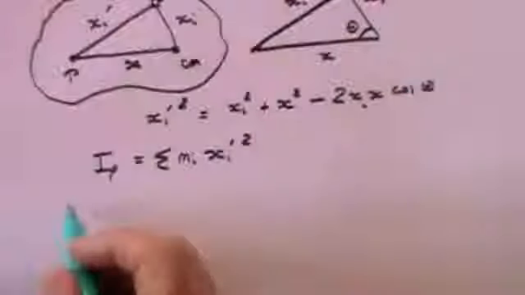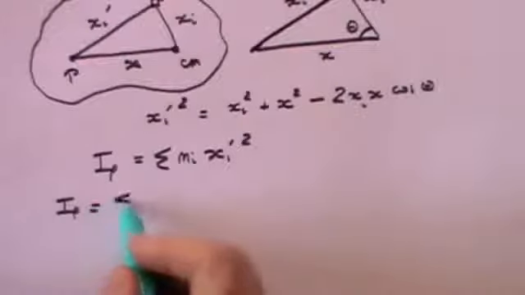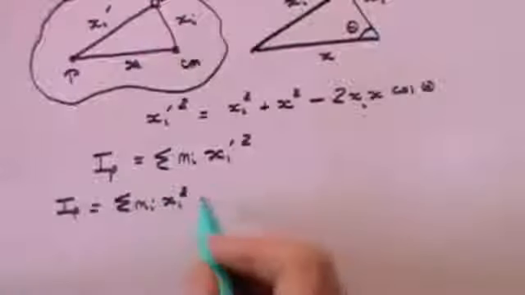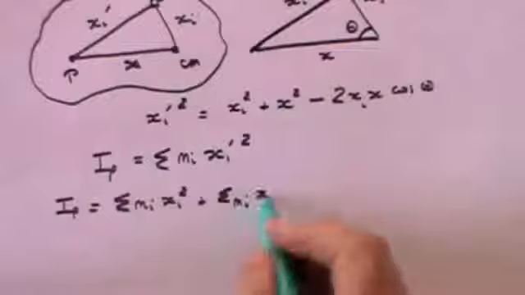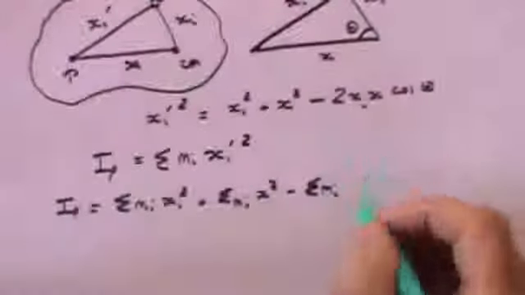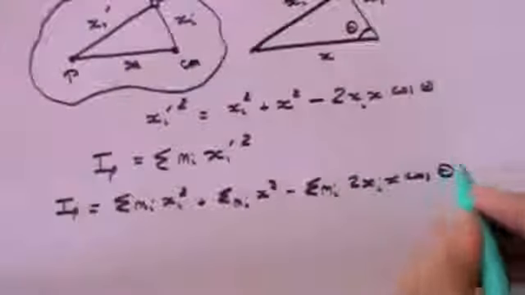And that gets us that the moment of inertia about point P is sigma mi xi squared plus sigma mi x squared minus sigma mi 2 xi x cosine theta.